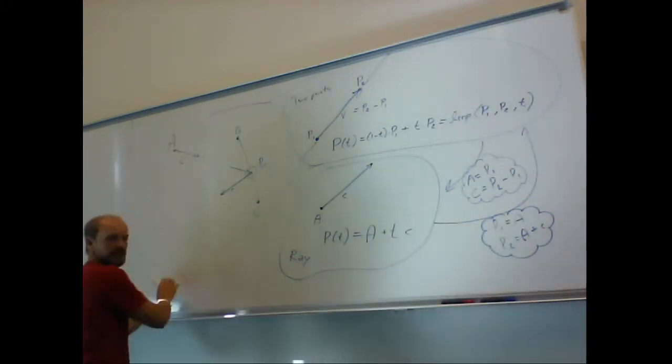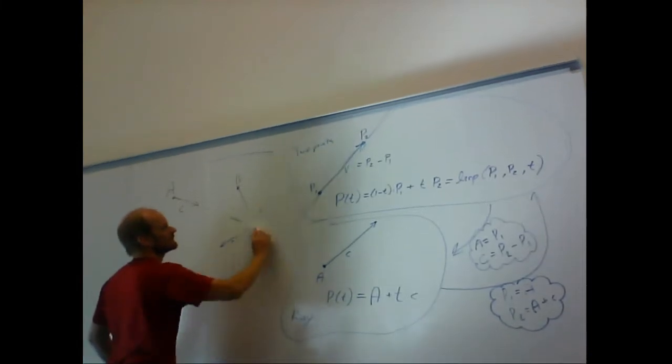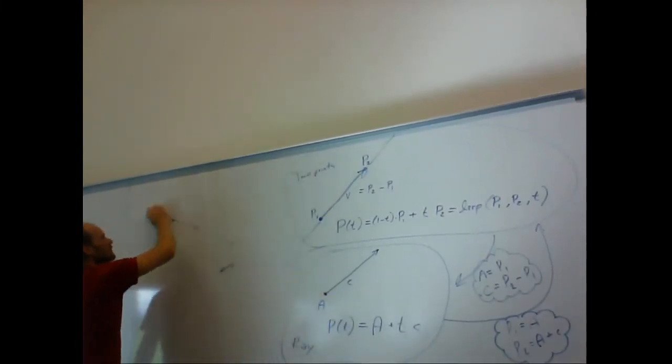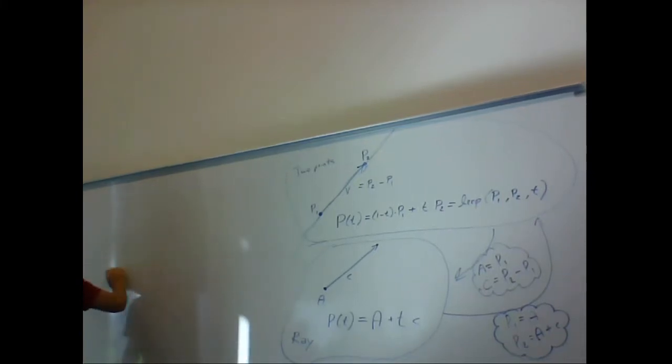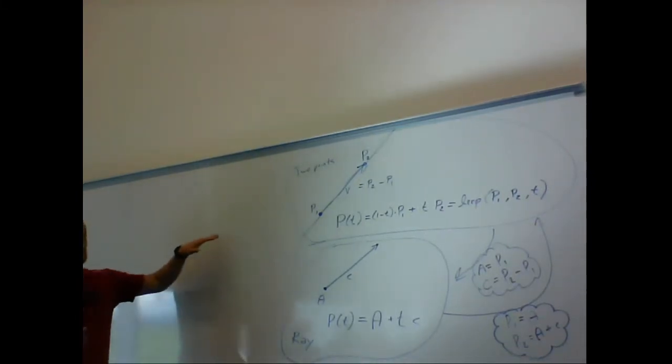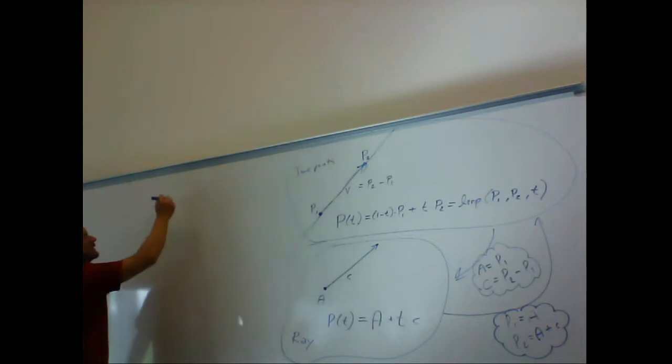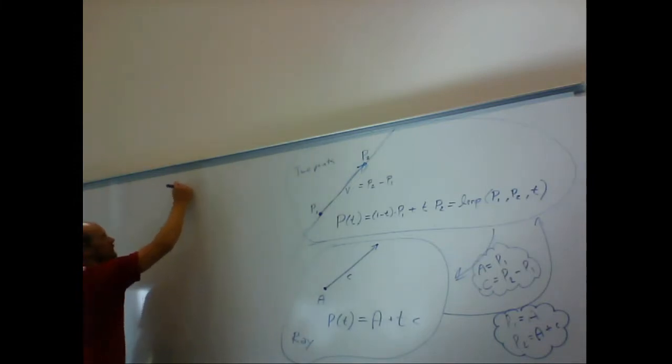But what I want to add here, I hope it'll show up properly on the board here and on the screen, is one more representation. I'm going to call it the point normal form.